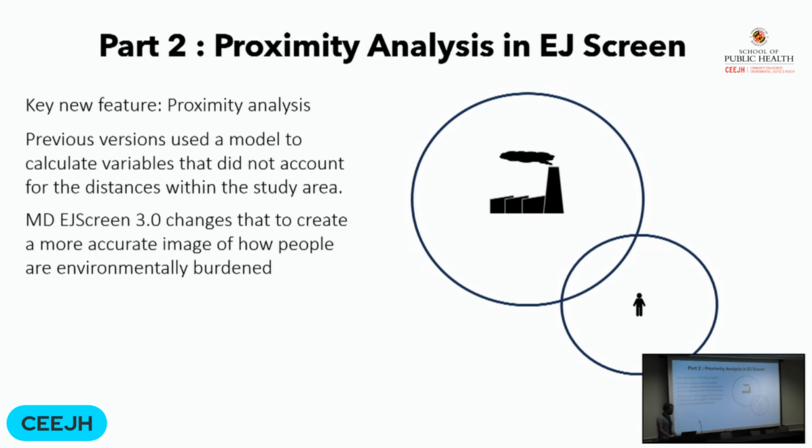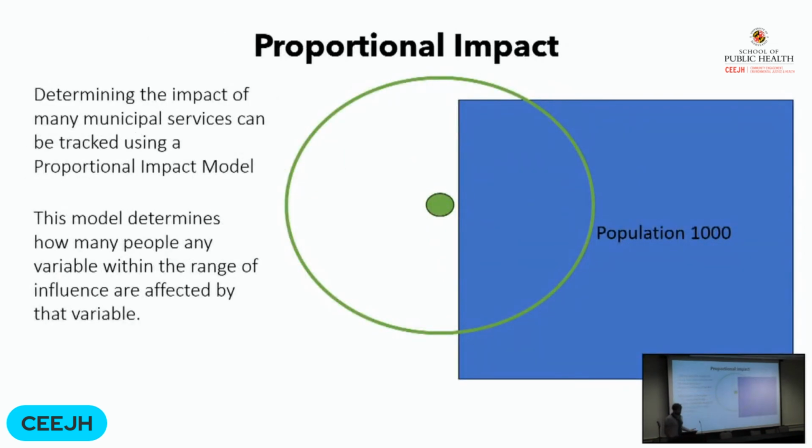This is the interpolated portion. We're talking about proximity analysis. There are two different methods of proximity analysis that I use in this model. The first is proportional impact. For municipal services, things like police stations and hospitals, the way we used to track how much community members were being serviced by these facilities was basically just counting how many of each are near your neighborhood.